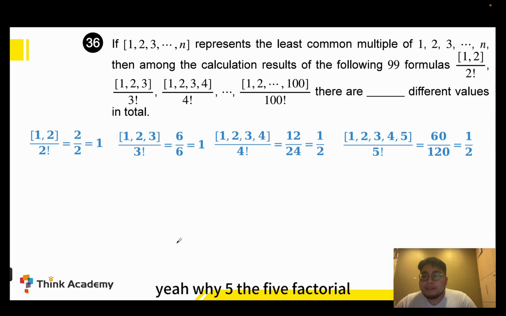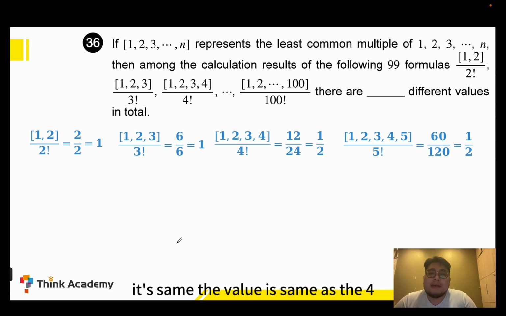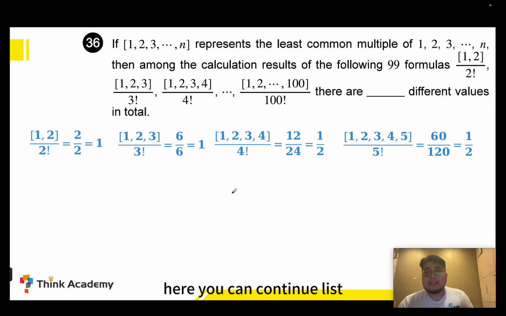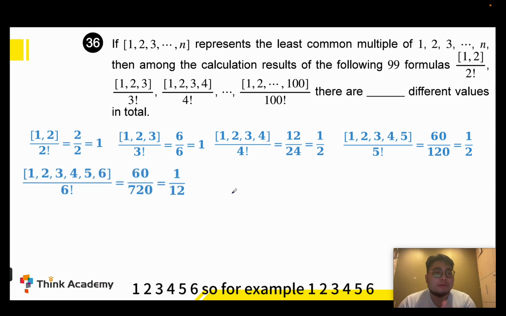You may wonder, why 5? The value is the same as for 4 factorial. So maybe there's some pattern here. If you cannot be sure, you can continue listing to 6.